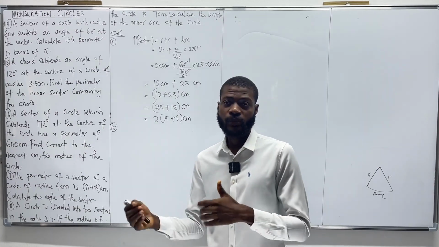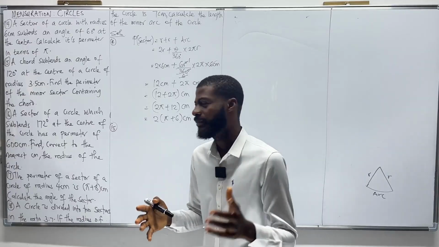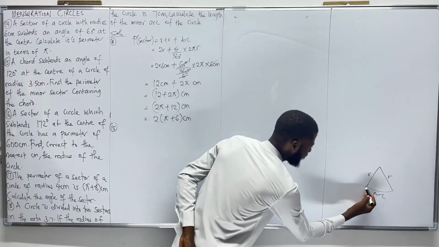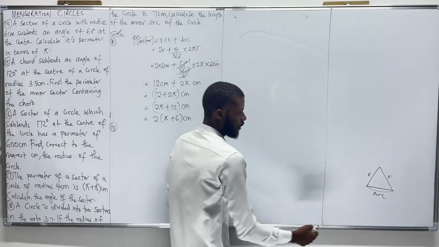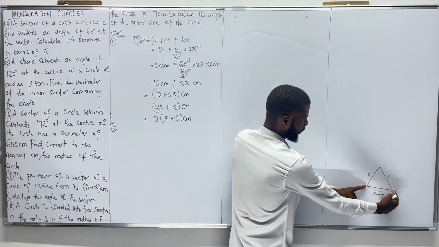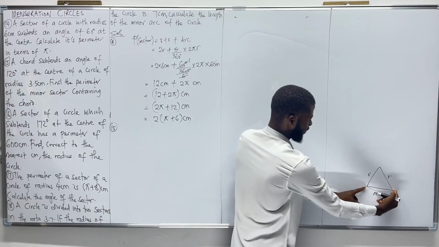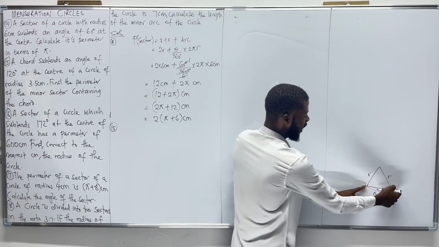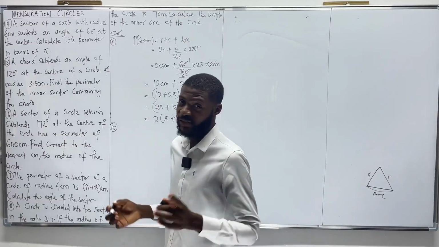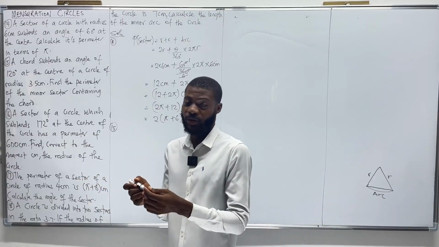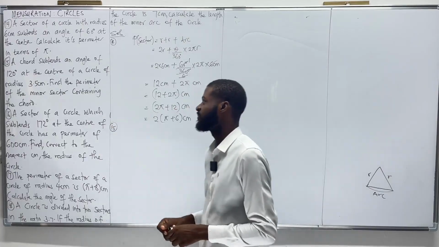Let me explain. If I connect a line like this, this becomes a chord. This line here becomes a chord. You know it was a full circle, so this is the chord. That's saying find the perimeter of this very sector. So you are not using the chord here. I think most people will be confused, but please, it's not the chord we're using.